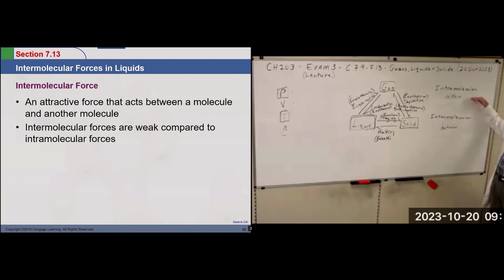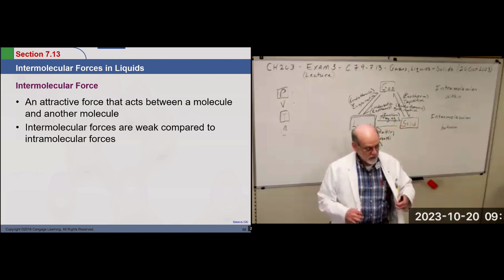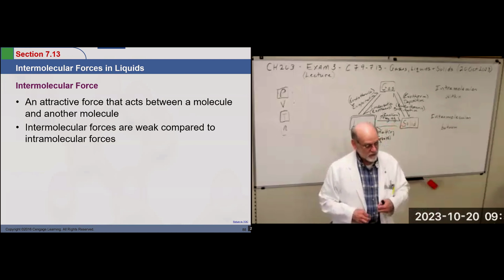So it has to be this way. Intramolecular forces must be stronger than intermolecular for practical reasons. Otherwise, we don't have any molecules. As soon as you make a molecule, it gets ripped apart. It's just that simple.